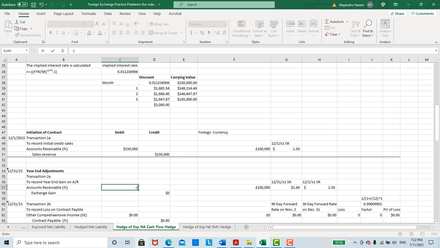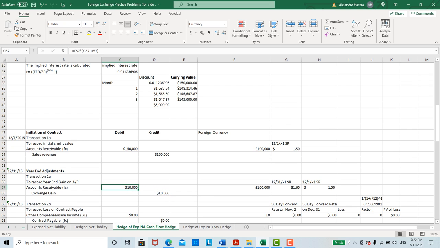Let's compute this increase: 100,000 British pounds times the difference between $1.60 and $1.50 is $10,000. $10,000 is our gain.